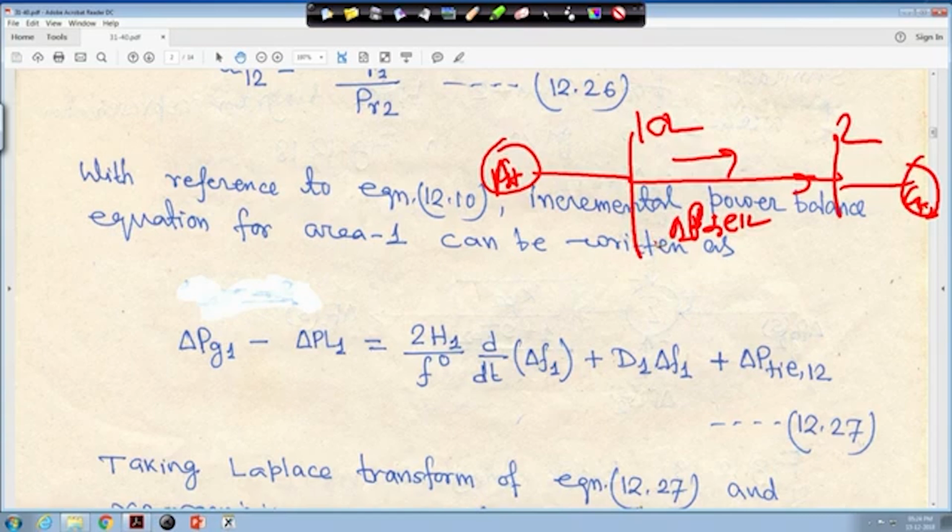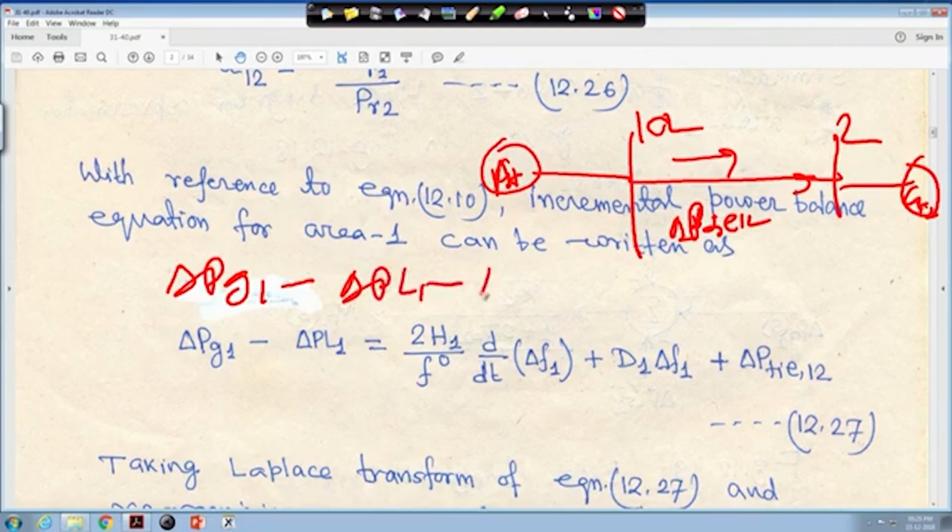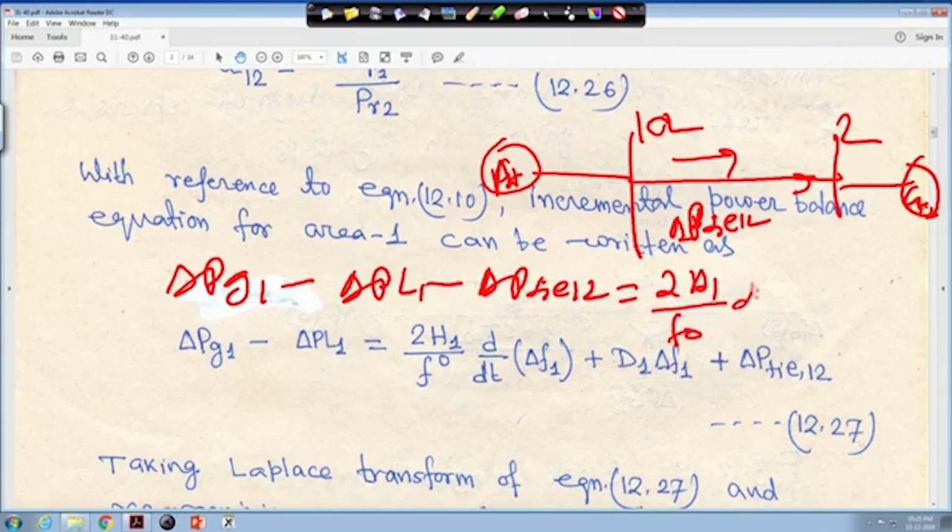So generation has to match the load and this tie line power. In general, the equation for area 1 should be delta P g 1 minus delta P L 1 minus delta P tie 1 2 is equal to 2 H 1 upon F 0 times d dt of delta F 1 plus D 1 delta F 1.